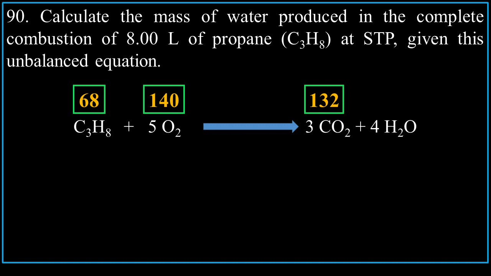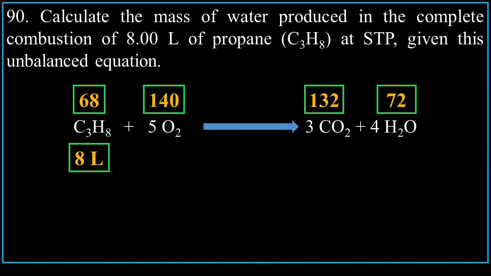Well, how many moles is that going to be? Well, 1 mole is 22.4 liters. So how many moles is 32 liters going to be? So that's the first thing I'm going to want to do. I want to find out how many moles of water will be produced. And then it's simply the number of moles times 18. So it's 8 liters of propane, and you can see that 1 to 4 is the mole ratio.